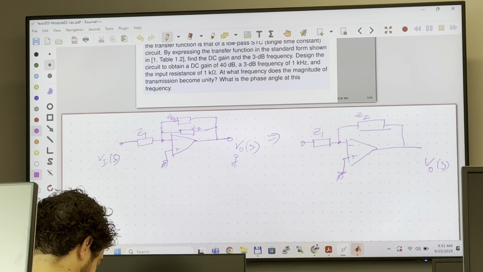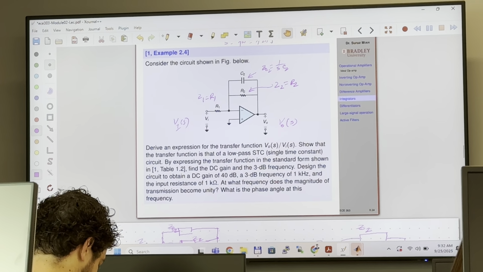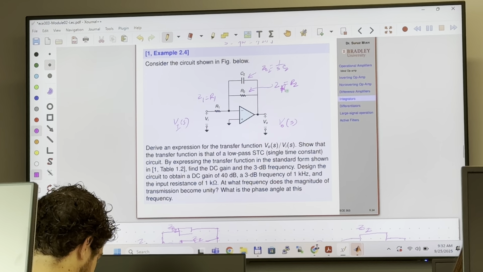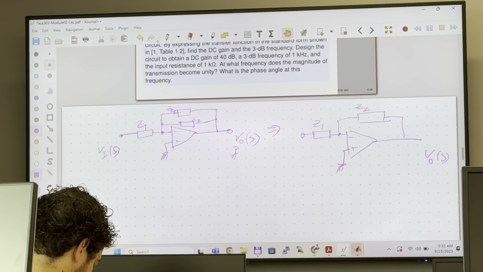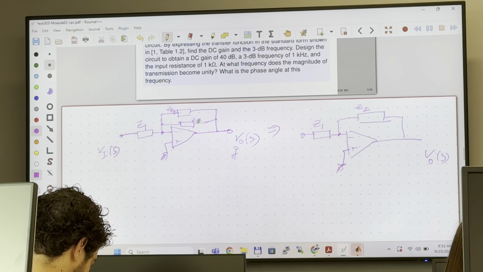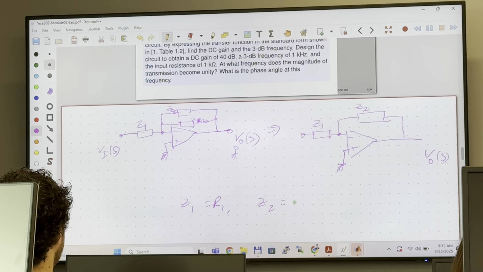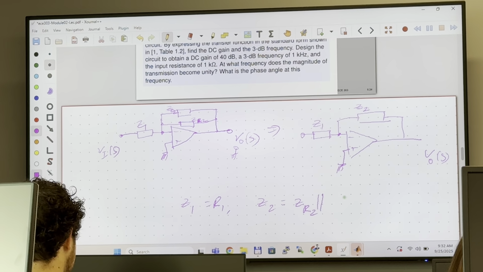Just for notational convenience, let's call this Z_R2 equals R2, so that I can distinguish. Now Z1 is simply R1, and Z2 is simply Z_R2 parallel Z_C2.